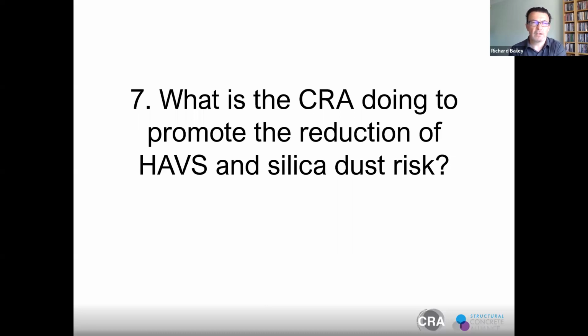On the question of silica dust, well, silica's a product that sits within cured concrete and is released as dust when it's cut or broken with a breaker. And again, the answer is very simple. All dust must be fully suppressed. End of. Vacuum extraction at source or water suppression attachments to tools that are used.